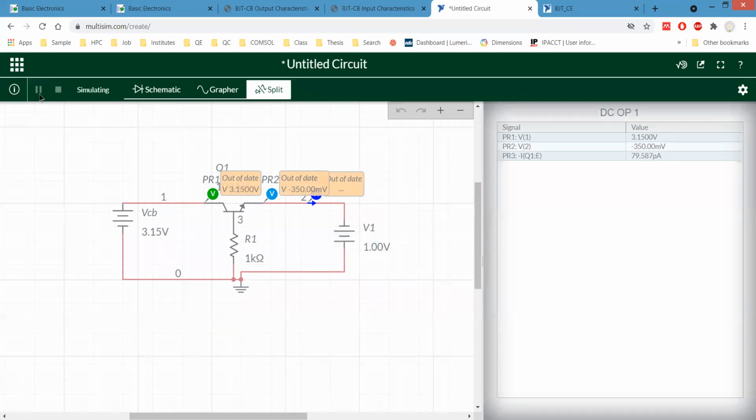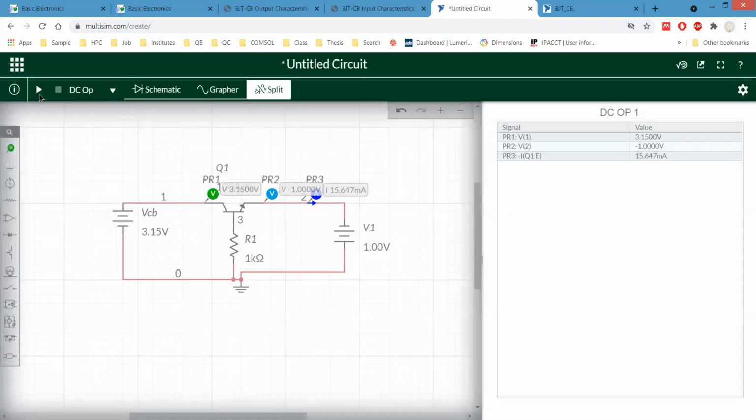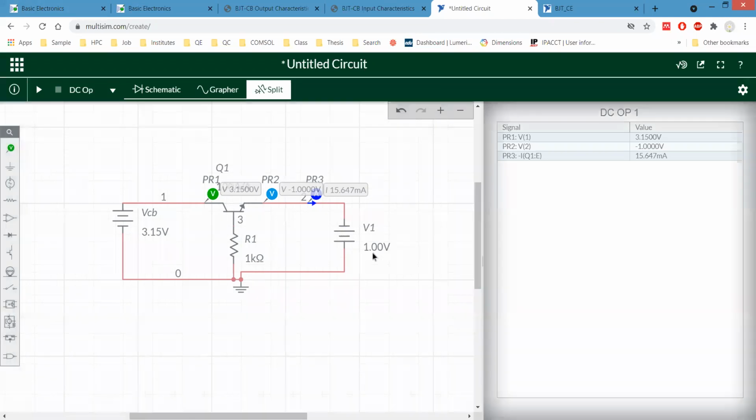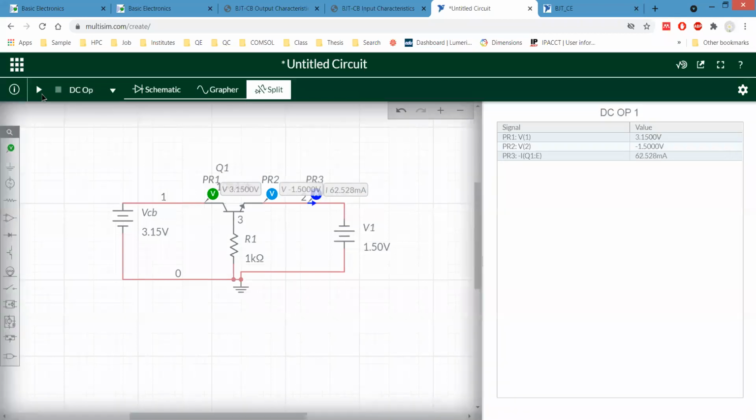Then for 1 volt, the current is 15.64 milliampere. Noted, sir. And 1.5 volt, the current is 62 milliamps. Noted, sir.